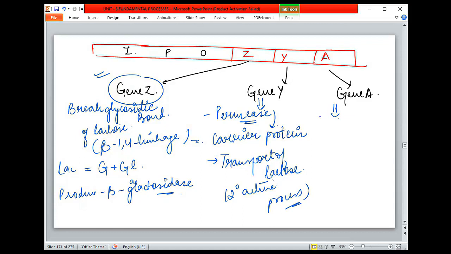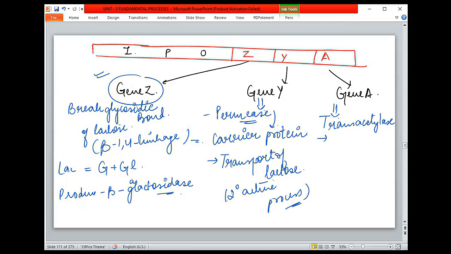Third is your gene A, which is producing your transacetylase. Okay, what is it doing? It has no specified role in the metabolism of lactose. It is responsible for detoxification, which means that when the beta galactosidase is produced, we might have some kind of toxins also getting accumulated over there.